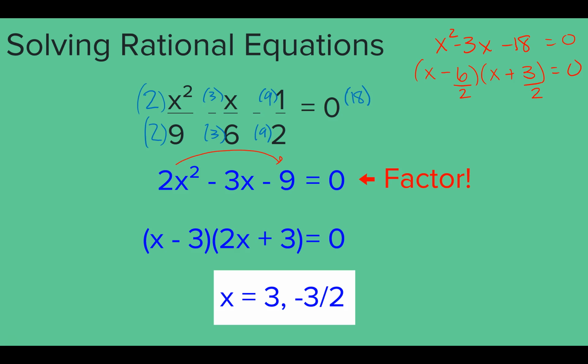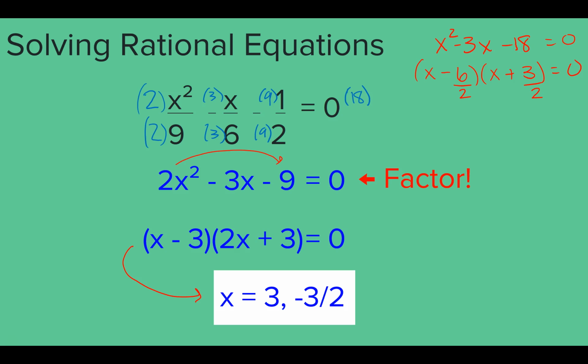So why do I say my answers are positive 3 and negative 3 halves? Where did that come from? Good. From this step to this step, you have to make each piece equal to 0 and get x by itself. So we had to add 3 over. For my other one, you had to subtract 3 and then divide by 2.